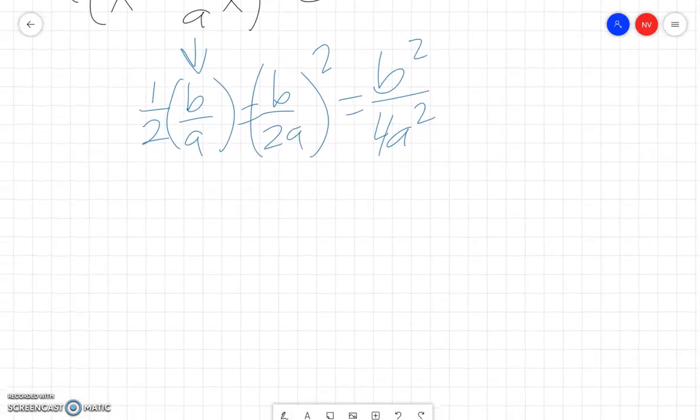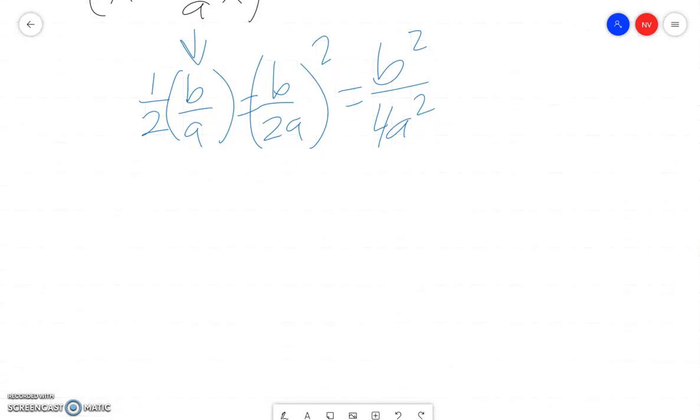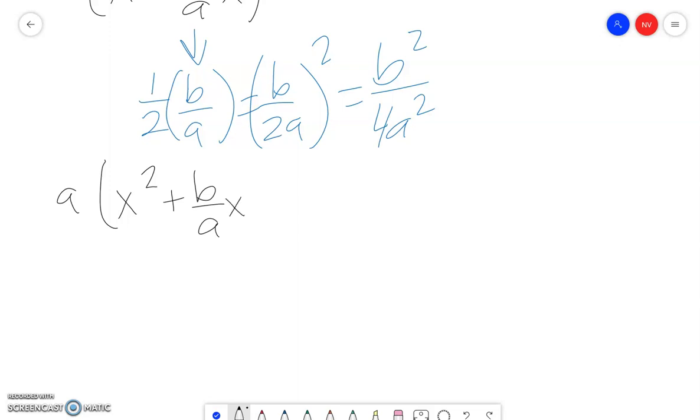So if we add that to both sides, because what you do to one side you have to do to the other. So we're going to add it to the left side. And when you're adding it to the left side, you're actually doing that times the a.